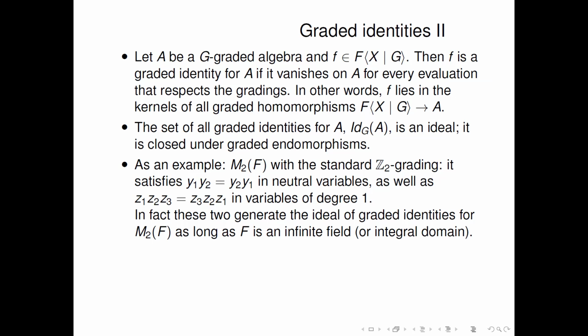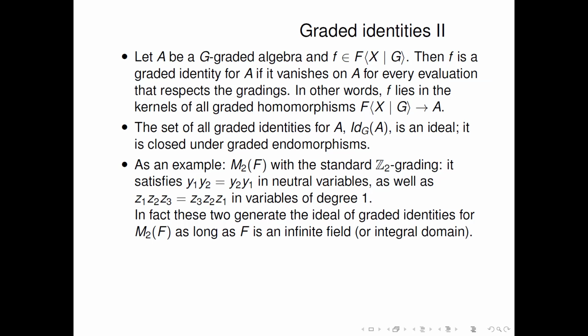So an example, take 2 by 2 matrices with the standard Z2 grading. The main diagonal is the 0 component. The second diagonal is the 1 component. Call y the variables of degree 0, z the variables of degree 1. Then it satisfies these two identities.